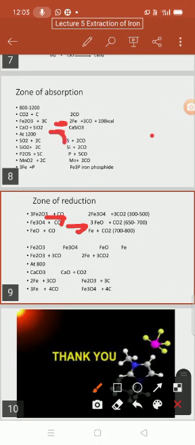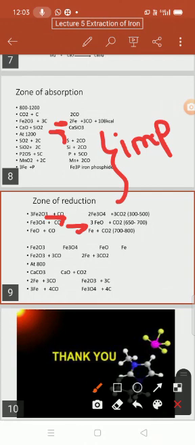At a temperature of 1200 degrees Celsius, all the impurities are removed, that is silica, sulfur, phosphorus, manganese, all these volatile impurities. SO2 reacts with carbon, forming sulfur plus carbon monoxide gas.